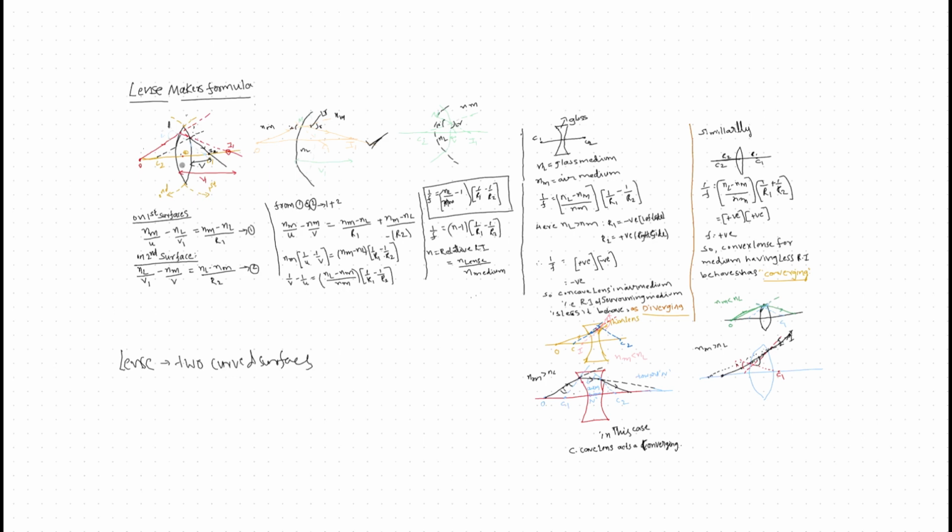Here the angle of incidence is in the NM medium, the surrounding medium. NM means refractive index of the surrounding medium, and NL means refractive index of the lens. So this is clear.